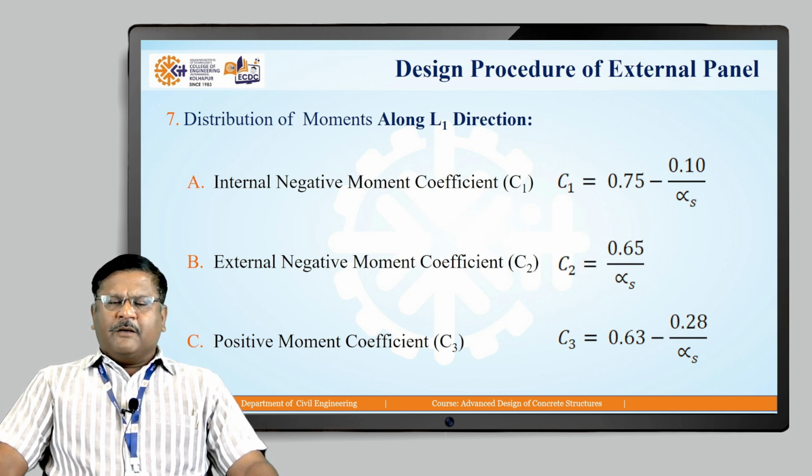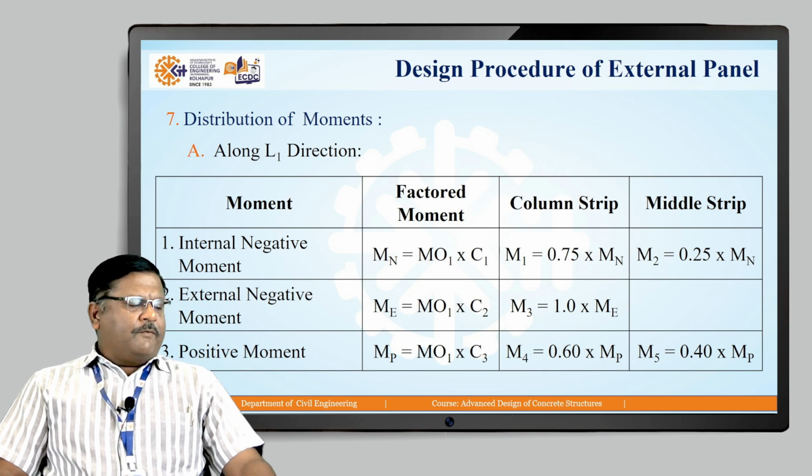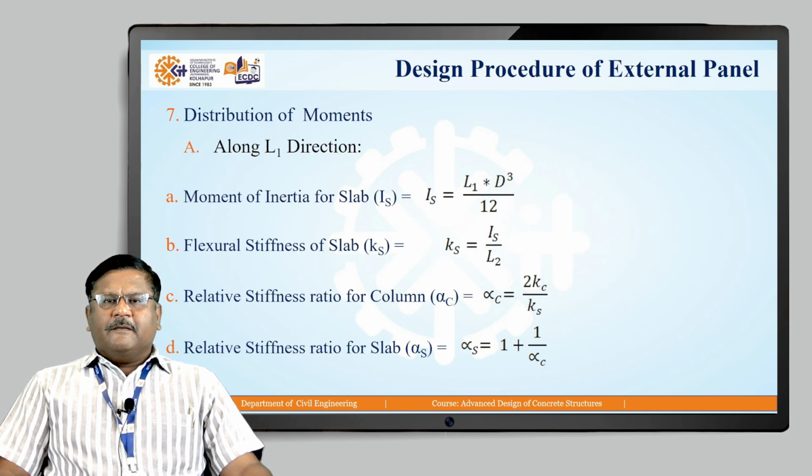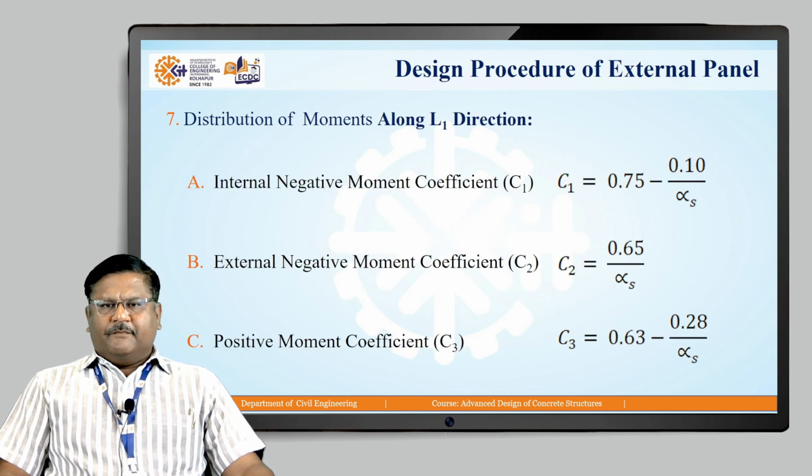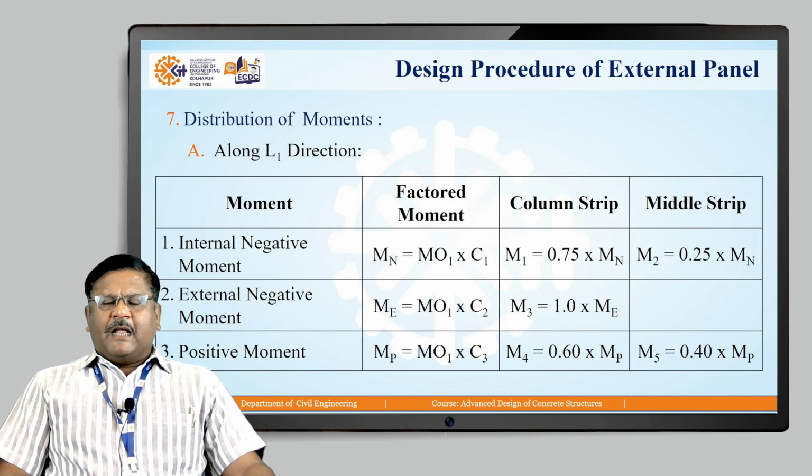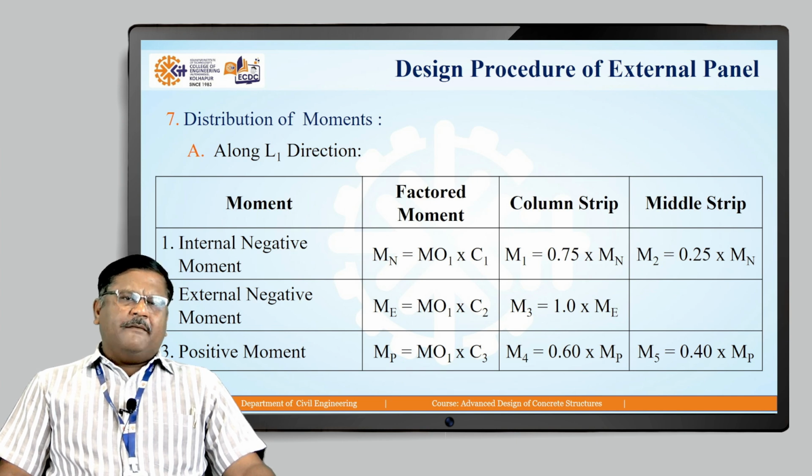C2 is equal to 0.65 upon alpha S, and positive moment coefficient C3 is equal to 0.63 minus 0.28 upon alpha S. What is alpha S? Alpha S is nothing but relative stiffness ratio for slab. So using that, you calculate the C1, C2 and C3 moment coefficients, and then you are able to distribute those moments into column strip and middle strip.